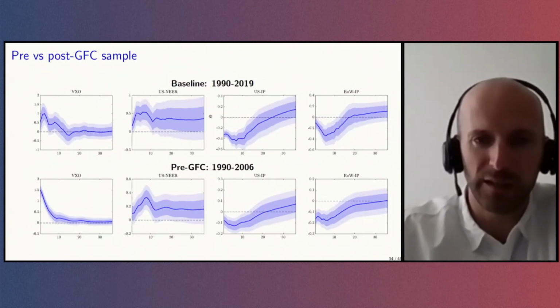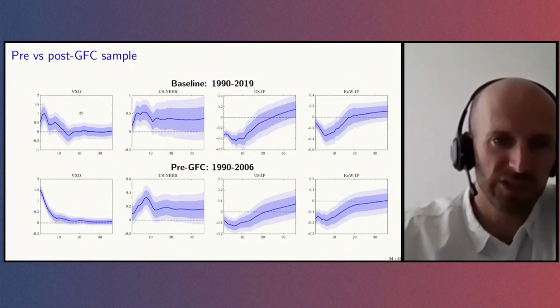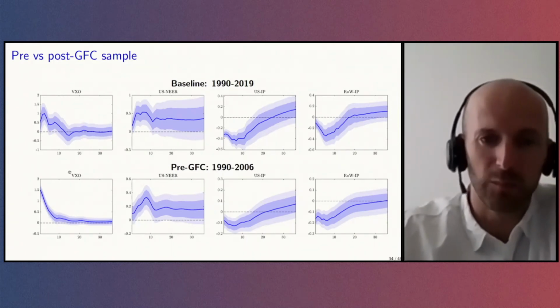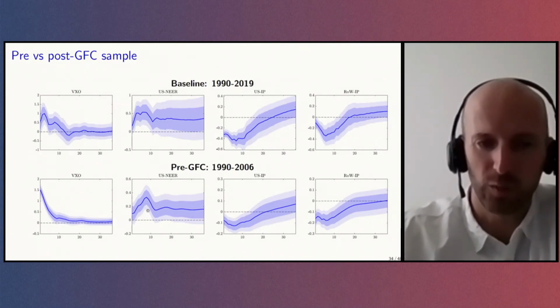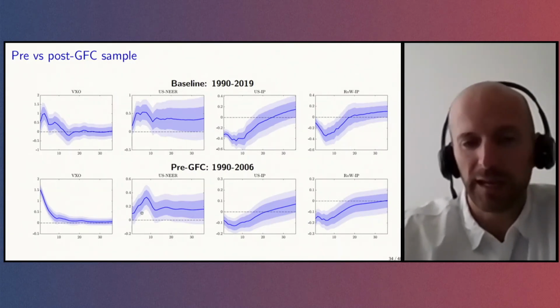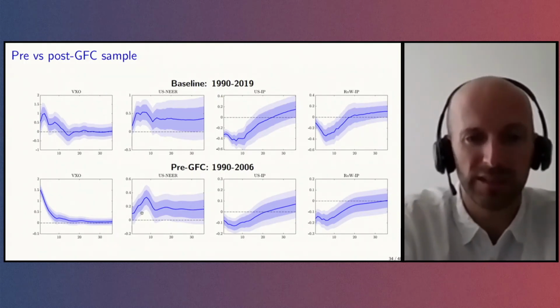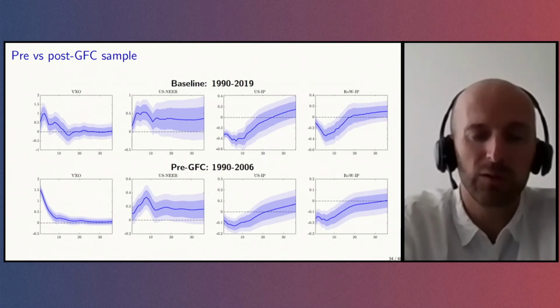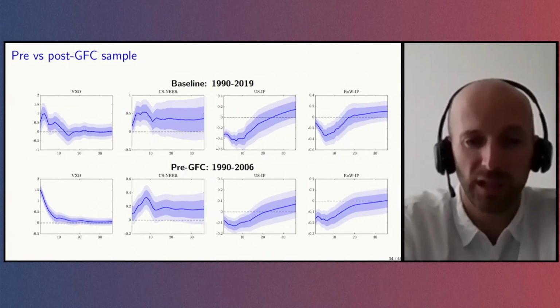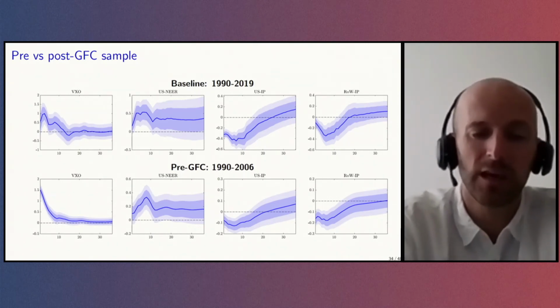We have the baseline in the top panel. You see that these global risk shocks in the pre-global financial crisis period had a clear impact on global risk aversion, and they also appreciated the dollar exchange rate. And I think one possible explanation for this finding that stands in contrast to what Lilly and co-authors find is that we look at identified exogenous innovations to global risk, whereas they look at reduced form regressions, at forecasting regressions.